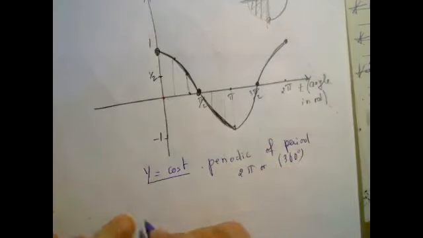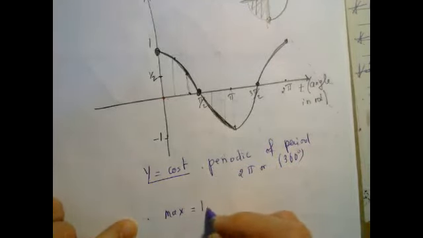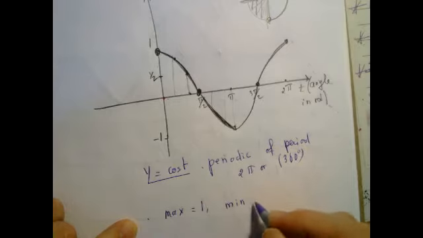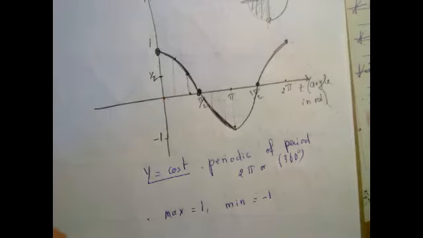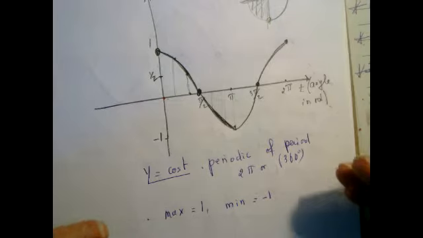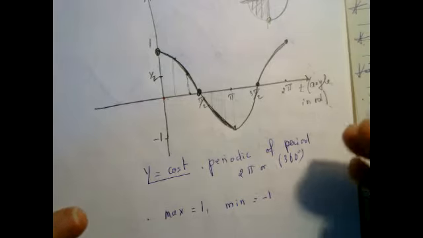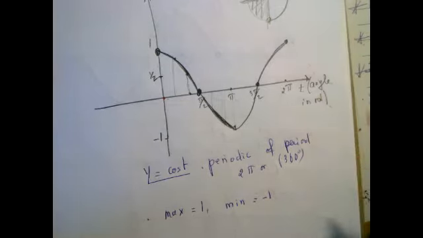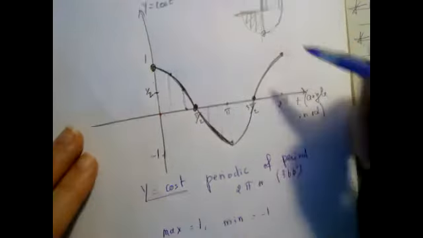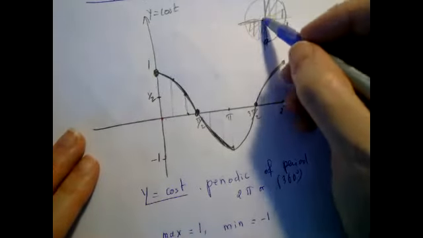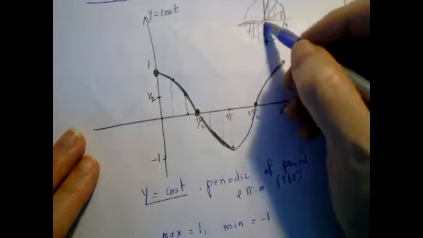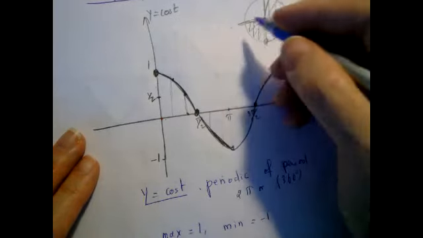Second, the maximum value is 1, just like the sine. The minimum value is -1. It means the cosine will never exceed the value 1. So if you write cosine t equal to 1.5, it means something is wrong, because that's the maximum value because of the unit circle definition. The x coordinate cannot exceed 1, and it cannot be less than -1.